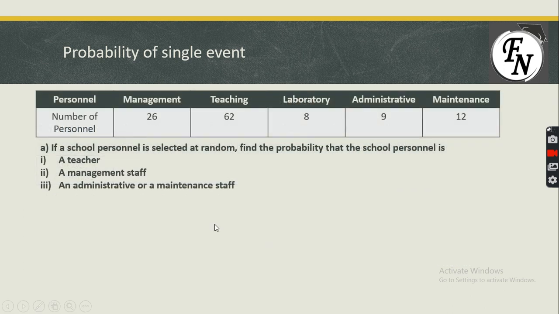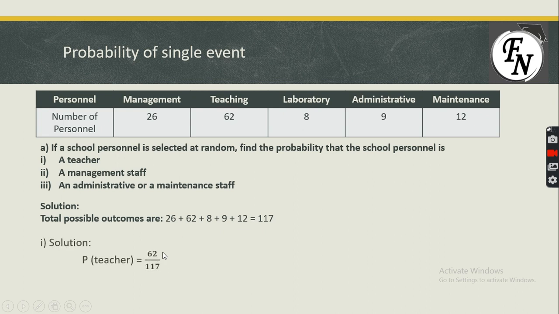First of all, I have copied this table, this question, and I will first count the total for the staff. When I add them all, I get the value 117, which is the total number of members present in the staff. I need to obtain the probability of getting a teacher. There are 62 teachers out of 117, so the probability turns out to be 62 over 117.